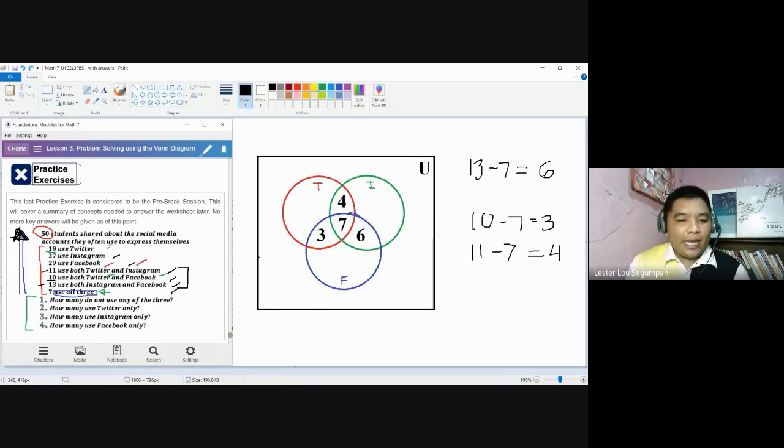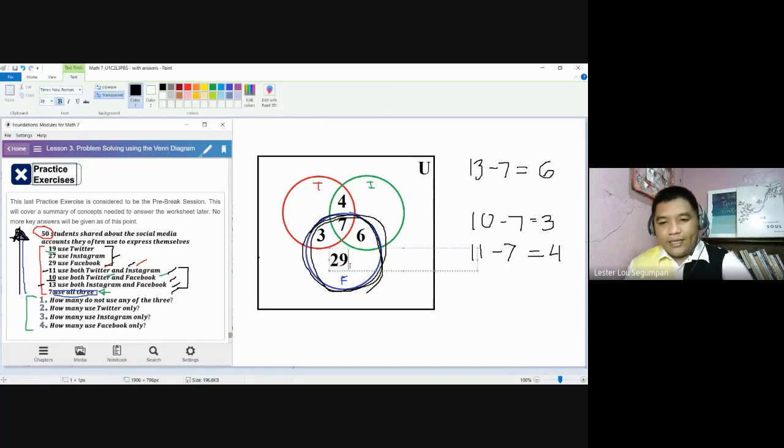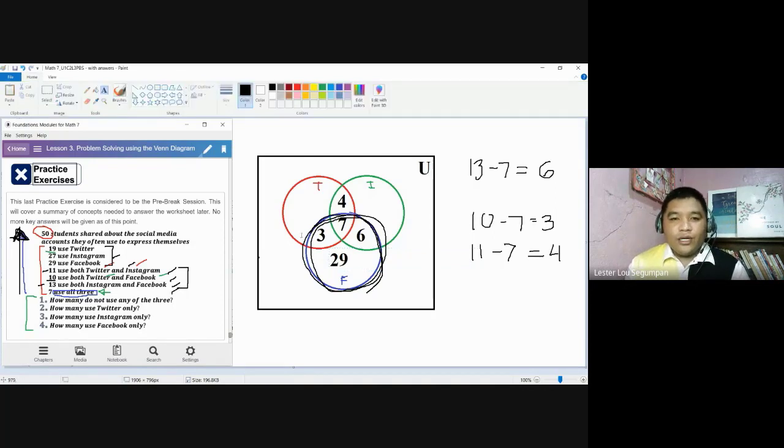Finally, looking at the remaining items, let's start with Facebook, 29. The whole blue circular figure for Facebook should be 29. Do not write here 29 because if you do, the whole circular figure will be more than the given.